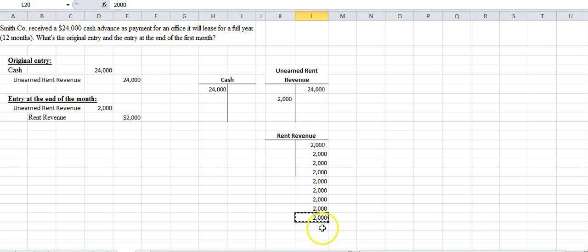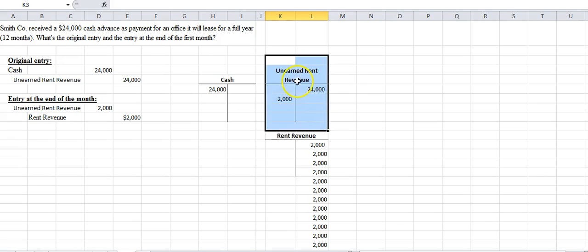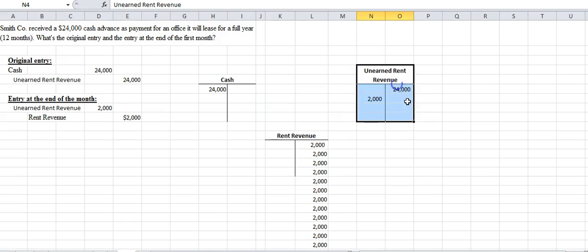I guess this is 12 months, right? 1, 2, 3, 4, 5, 6, 7, 8, 9, 10, 11, 12. So once you do that for 12 months, you're going to lower this for the full 24,000. You'll no longer have a liability. This will close at zero. Let's move this aside just so that you can see it. So you do 12 here as well, right?